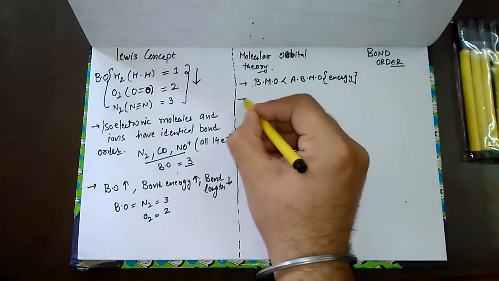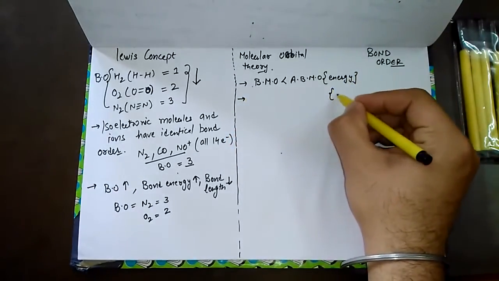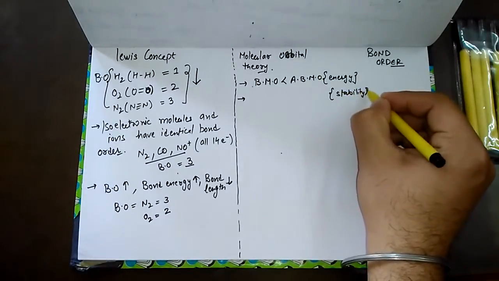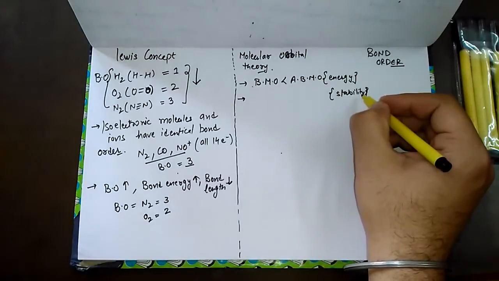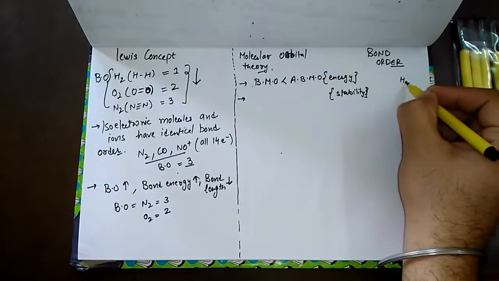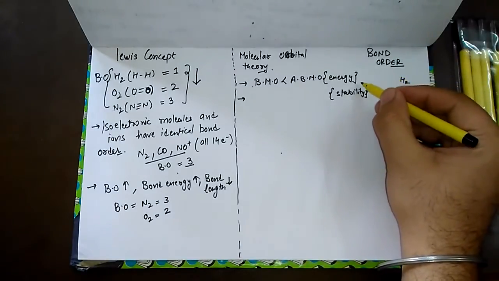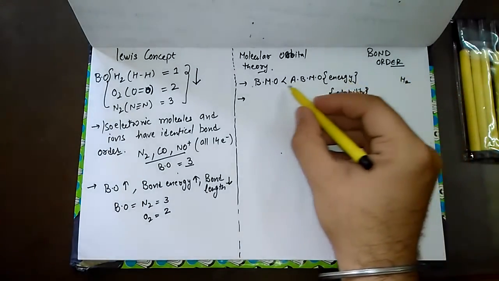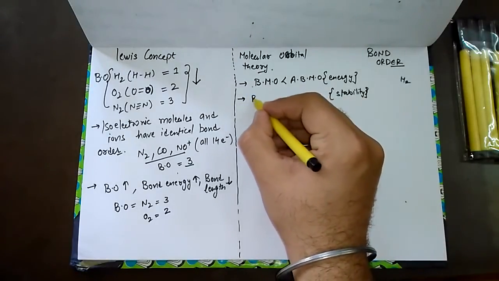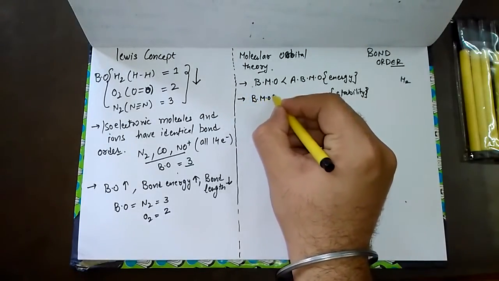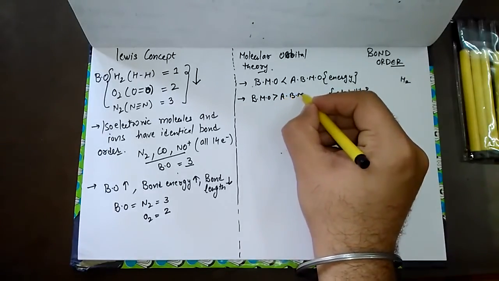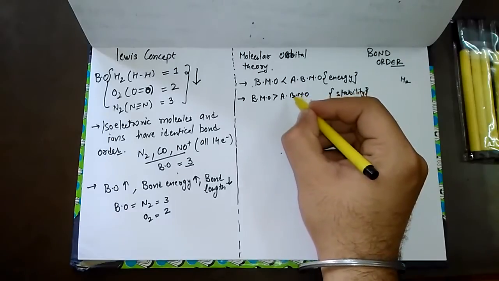So what about the stability? Stability is definitely on the side with the lower energy. When the molecule forms, minimum energy means maximum stability. Minimum energy is in the bonding molecular orbital, so the stability of bonding molecular orbitals is greater than that of anti-bonding molecular orbitals.